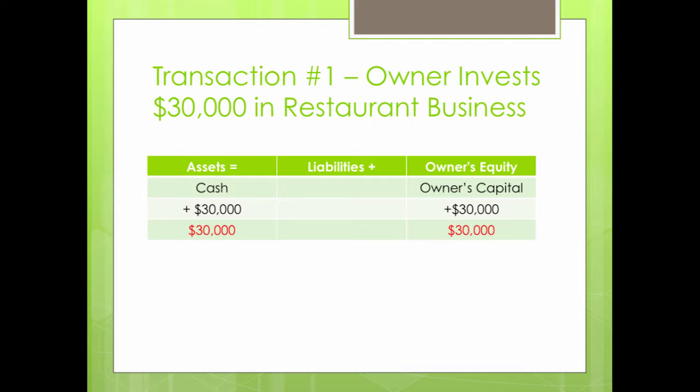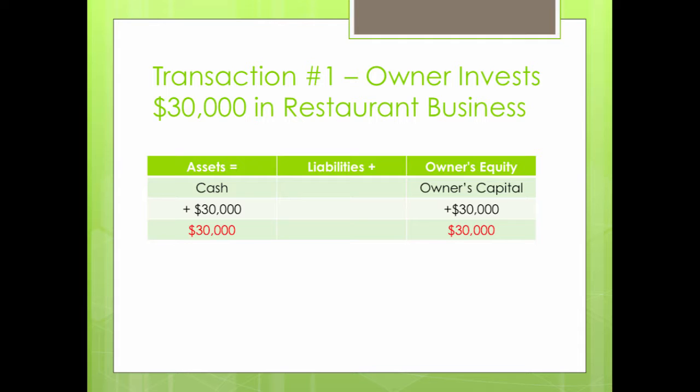This includes the cash account, the accounts receivable account, the equipment account, or the supplies account. Well, in this example, the owner is investing $30,000 in cash. The owner is not investing it in $30,000 worth of supplies or equipment. So the transaction needs to be recorded under assets in the cash account.